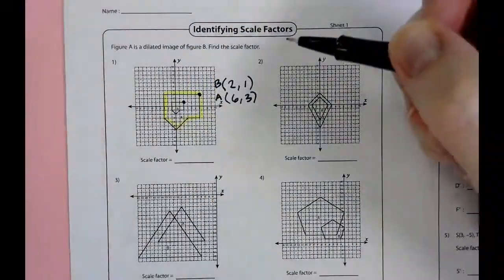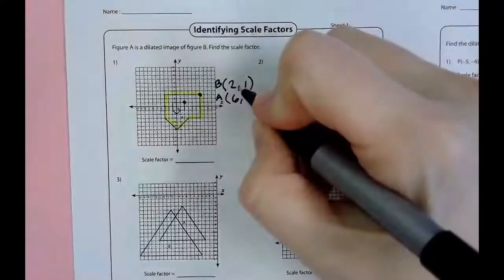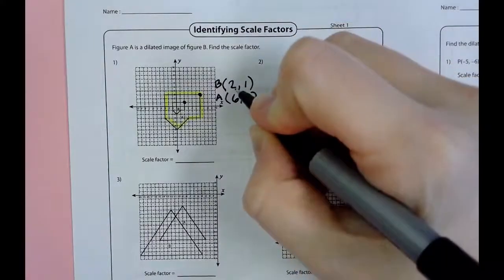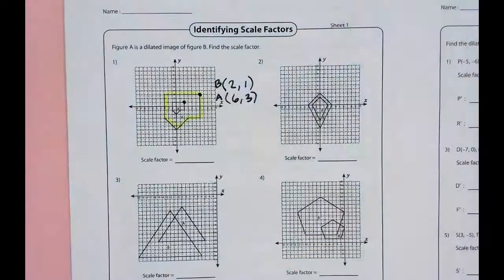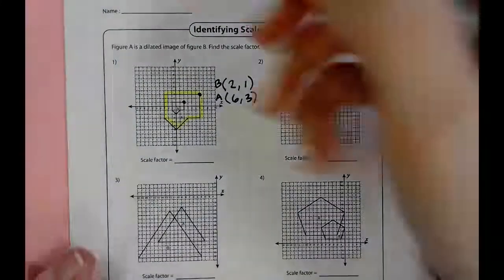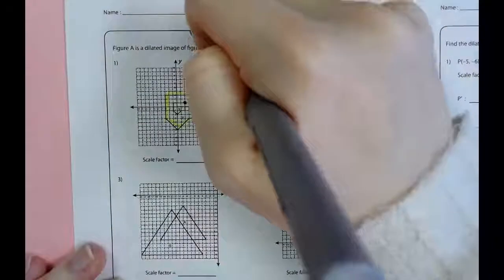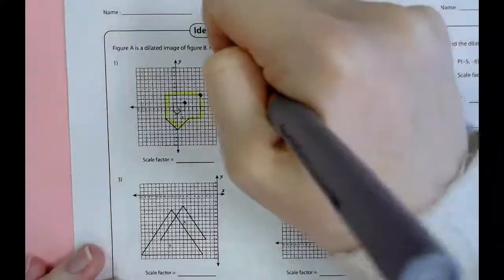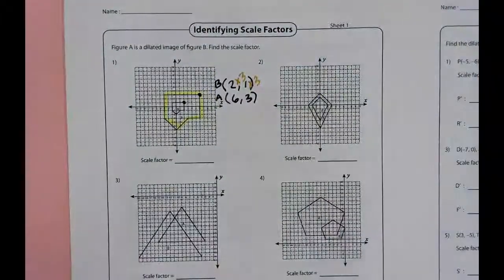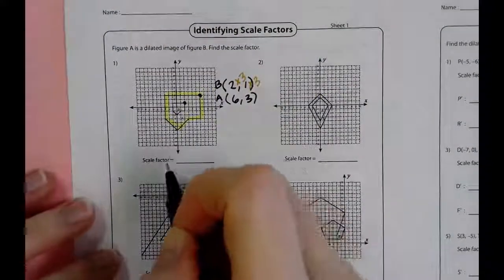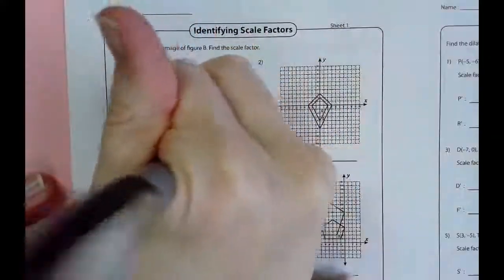So my question is, how do I get from B to A? 2 times what? 2 times what is 6? Well, 2 times 3 is 6. 1 times what is 3? 1 times 3 is 3. So we just determined that our scale factor is 3.